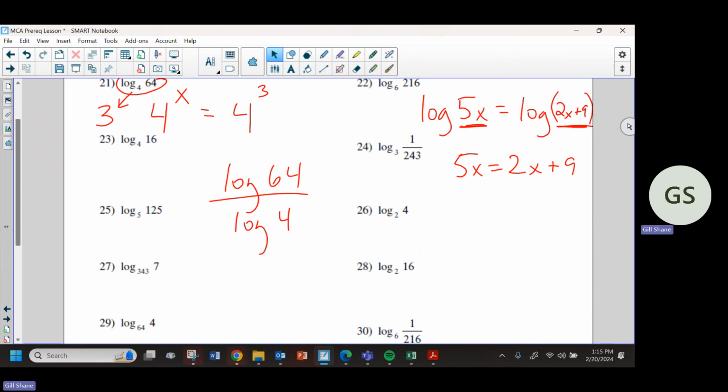The 0 power would be negative 2r. Oh, I see.